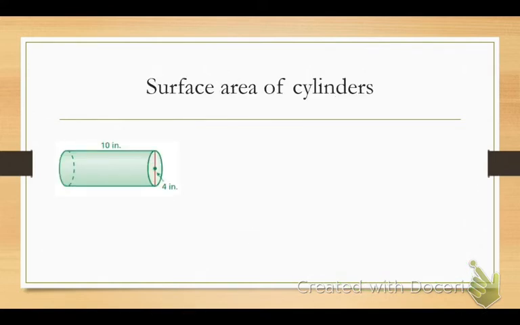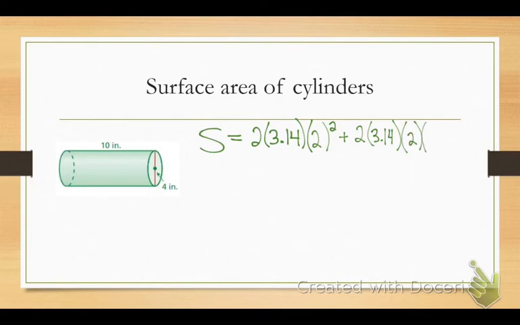Next slide, we're going to do the cylinder. Find the surface area of the cylinder. Let's get to work. Its surface area equals 2 times pi times r squared. What was my radius, Hannah? Yes, my radius was 2 because it actually gave me the diameter, plus 2 times pi, please pay attention up here, times the radius times the height, which was 10.